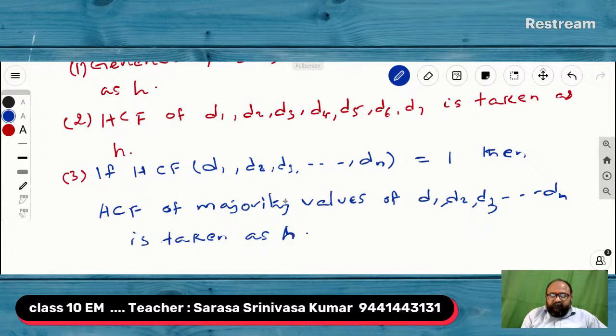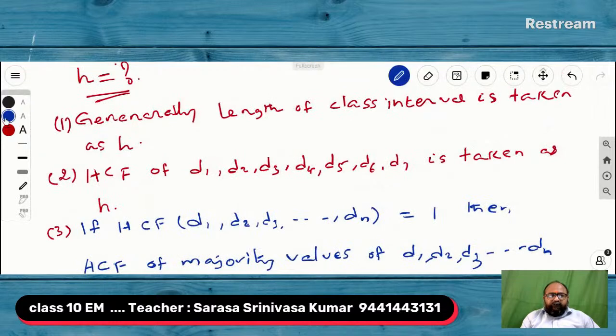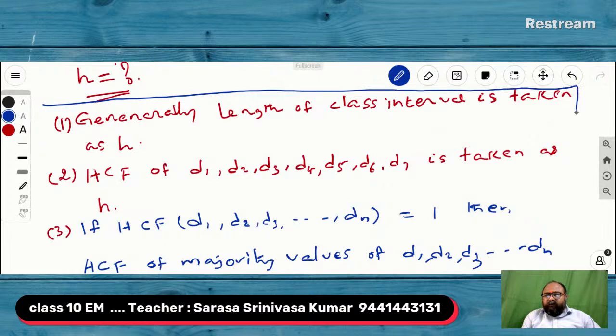And this is the theory. You need not write this theory in the examination. I am just explaining this theory, how to take the h value.